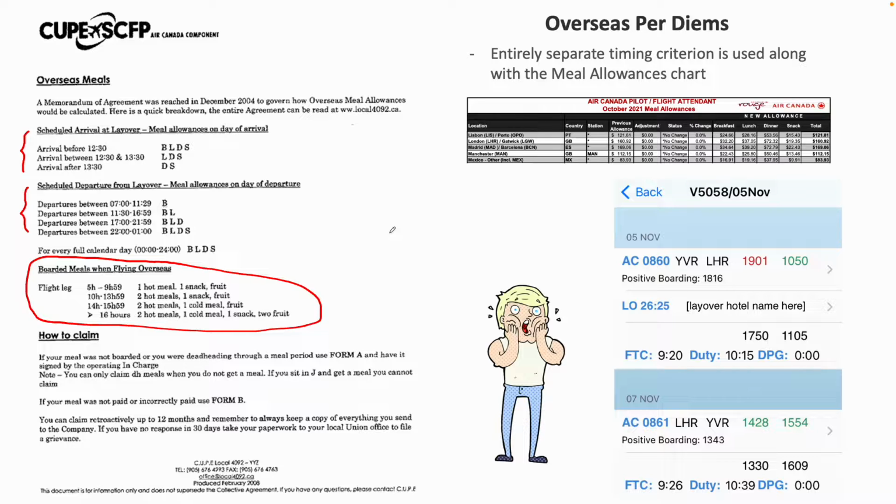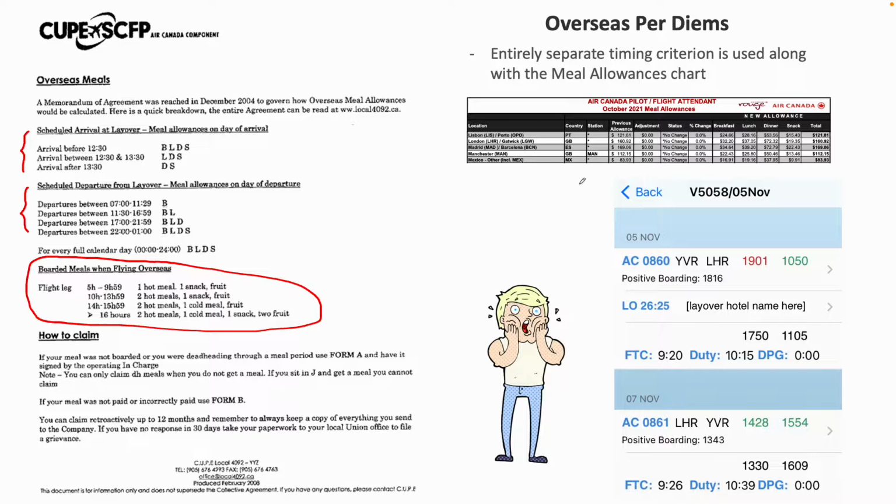Instead, the meal allowances we are paid are specific to our time at the overseas station. On paper, this would be the scheduled arrival at the layover station, all the way to the scheduled departure from the layover station on the day of departure.